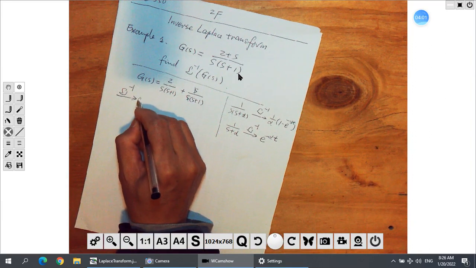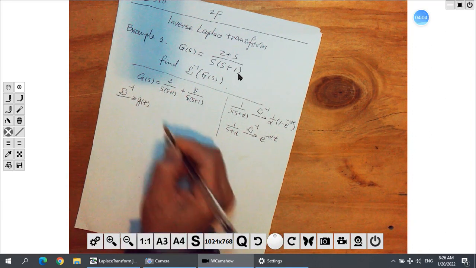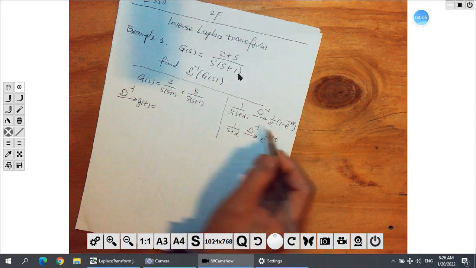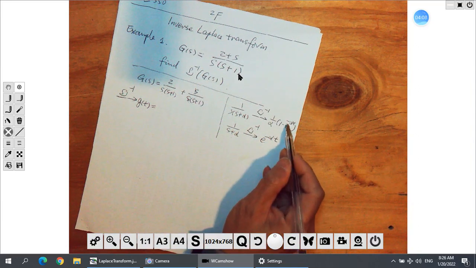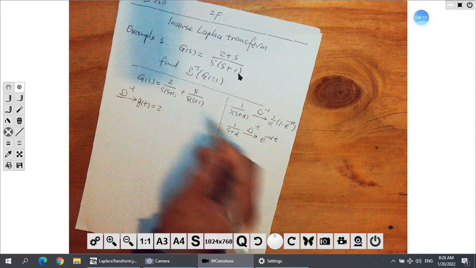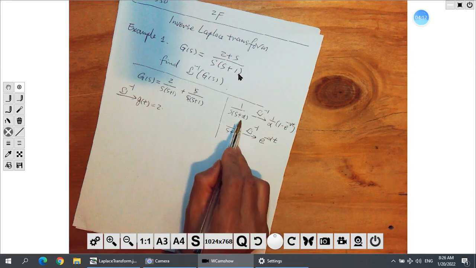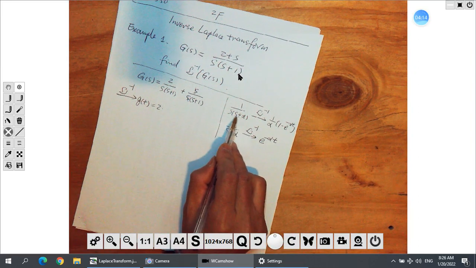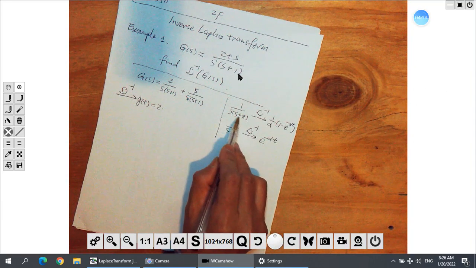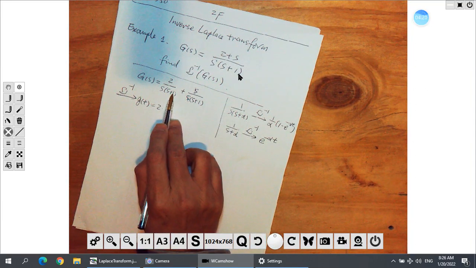Performing the inverse, I get g of t, which is 2 times this part. So 2 times, now what is alpha? Alpha is a pole. Not quite, negative alpha is a pole. Alpha is the number following the s, so this is 1. Alpha is 1.